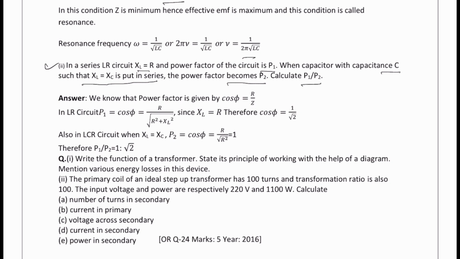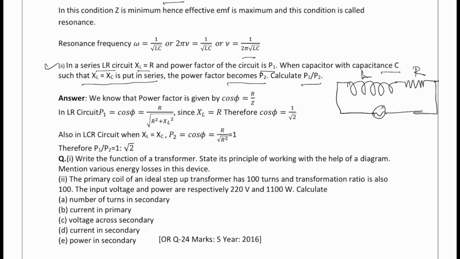Just now we solved the series LCR circuit, but now it is an LR circuit. LR circuit means an inductance, a solenoid, and its ohmic resistance shown separately as R.